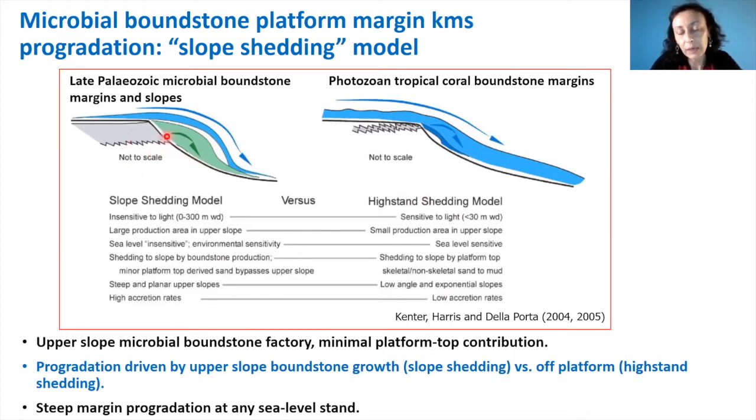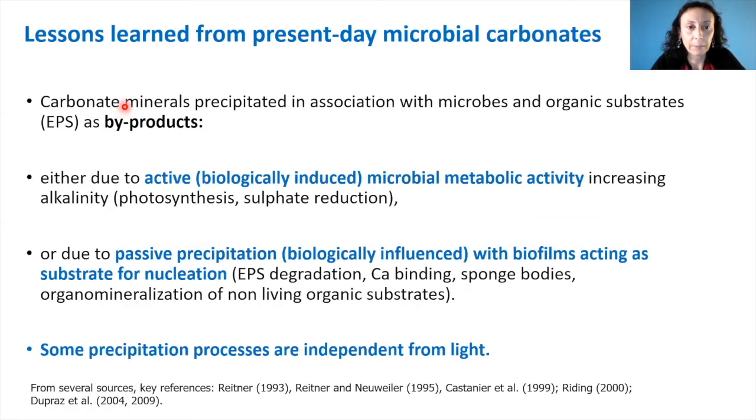And platform progradation can occur during every sea level stand independently from highstand shedding from the platform top. So this presentation aims to show you case studies that confirm this slope shedding model.